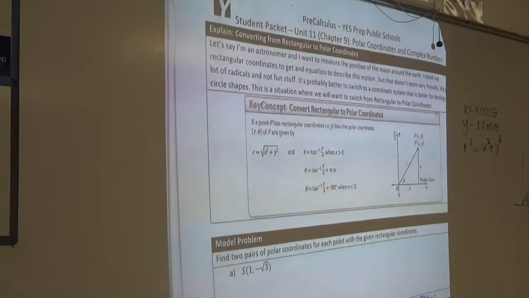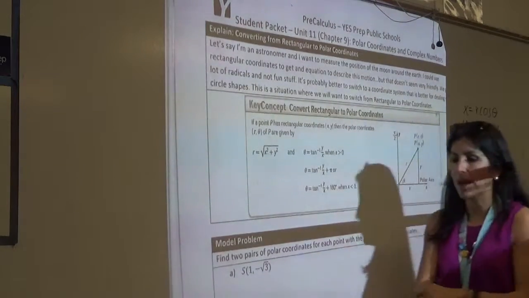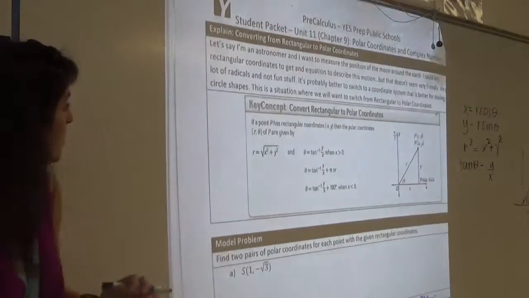And you guys would tell me, oh, well, I know the opposite and the adjacent, so that means tangent is going to be what I need to use to find my theta. Same thing is true. We will use the relationship tangent of theta equals y over x to help us find our angle. Let's try one and see how you're feeling about this before you get some work to do.